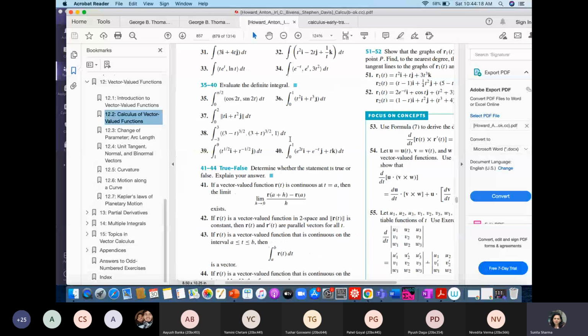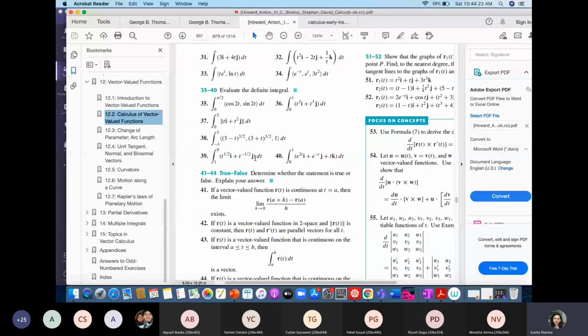And then regarding integrals, these are the types of questions which you can, I think, easily attempt. You just have to integrate, and the functions are not very complicated. So either you have polynomial types, or you have the standard exponentials, sine, cosine, which you can easily integrate. This is magnitude of a vector, so you have to write it in terms of the square root: square root of t square plus t to the power 4.